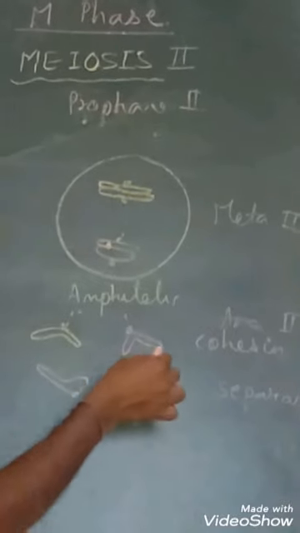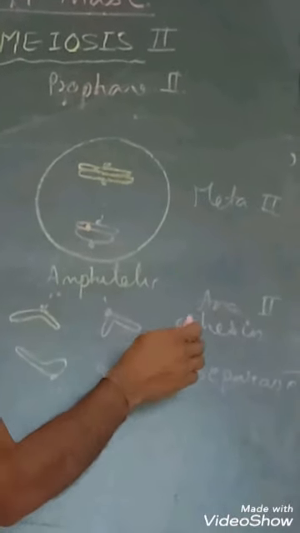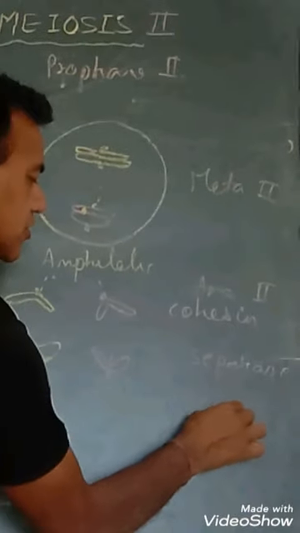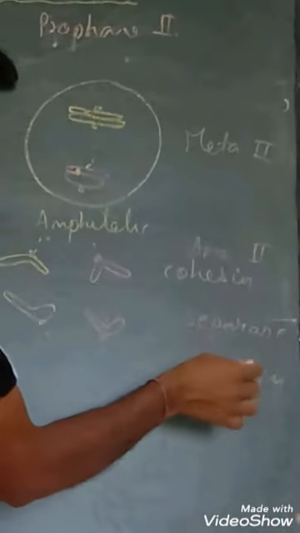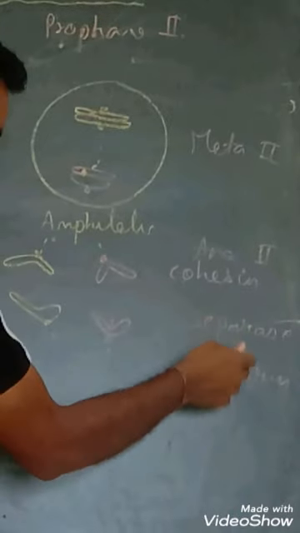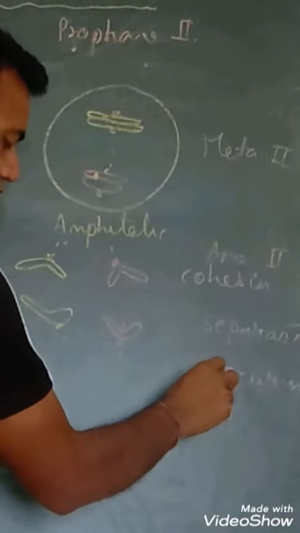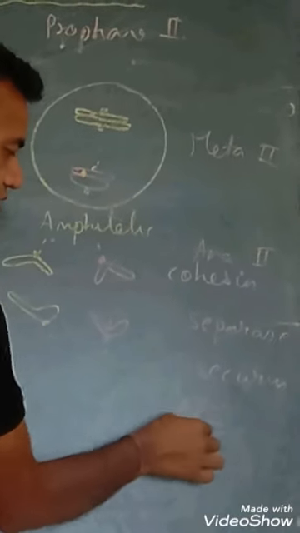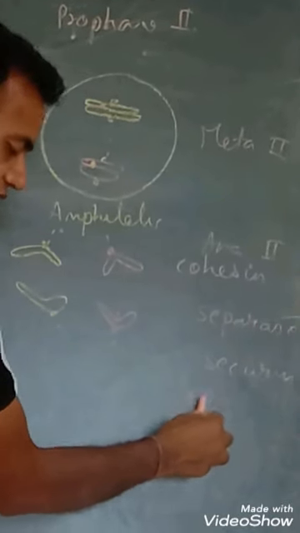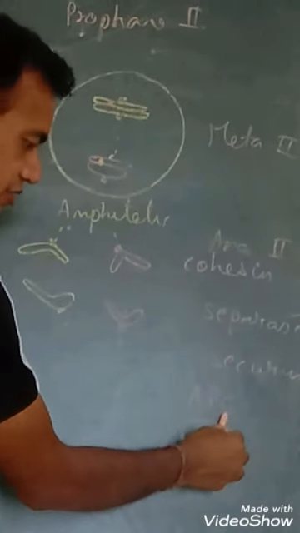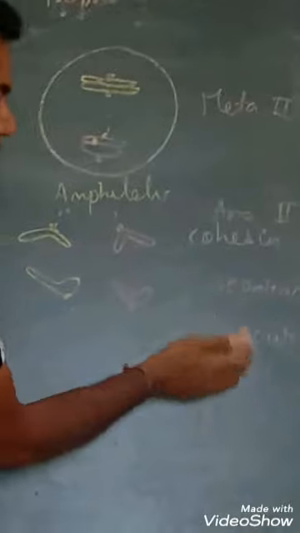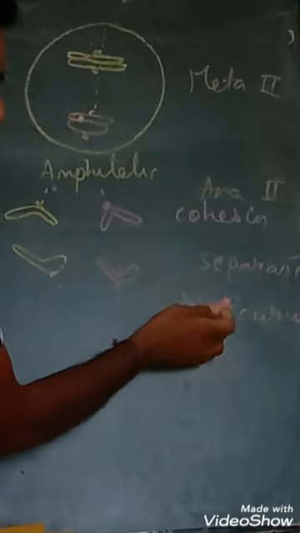And this separase is kept inactive by another protein known as securin, and this securin is again controlled by another complex known as APC, that is anaphase promoting complex. Now this APC, first of all, destroys the securin.